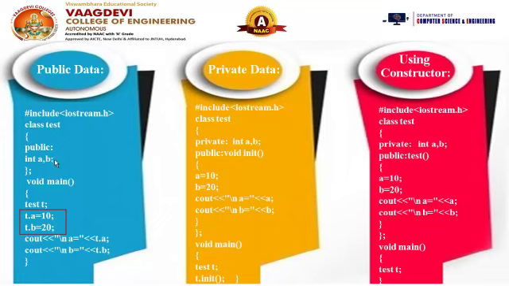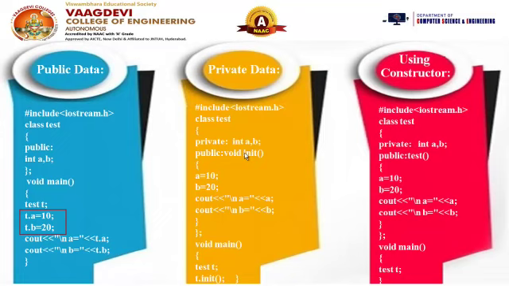Let's move on to private data. The key factor of data hiding is achieved with private members. But this initialization is not allowed for a private member. When the members are private, they should be initialized through the member function.